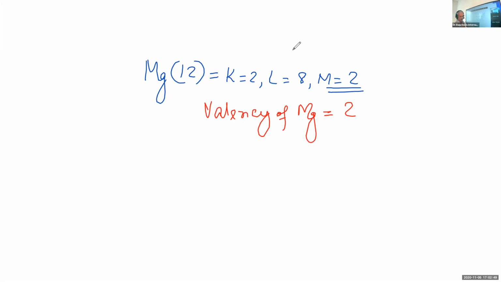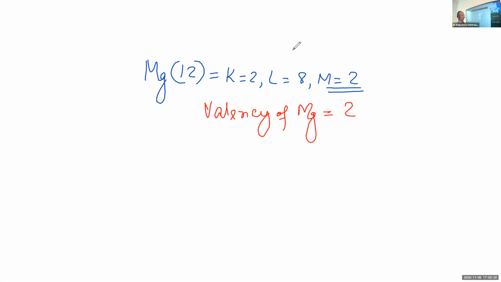The 2 outermost electrons are lost from an atom of magnesium during chemical reactions. And therefore, the valency of magnesium is equal to 2. See here, the number of electrons in the outermost shell of magnesium is equal to 2, and therefore, the valency of magnesium is equal to 2.